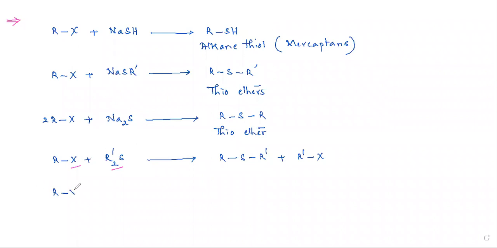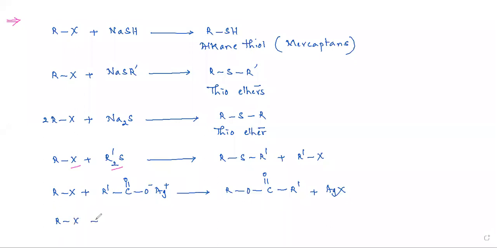See, the alkyl halide reacts with say silver carboxylate. We get R O C double bond O, then R dash. Of course, the silver halide.